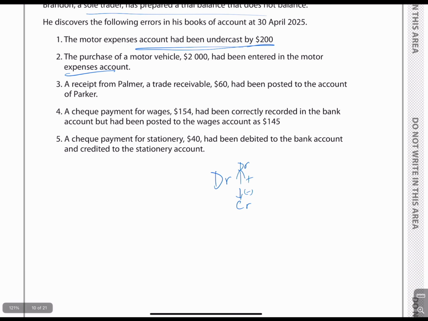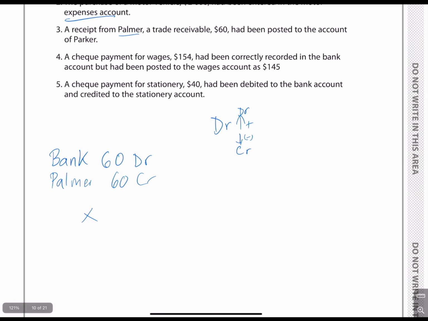Let's show it properly. Now as Palmer has paid the money, the journal would have been bank 60 debit, as bank is increasing, and Palmer 60 credit. But mistakenly, instead of Palmer, it was Parker 60 credit.